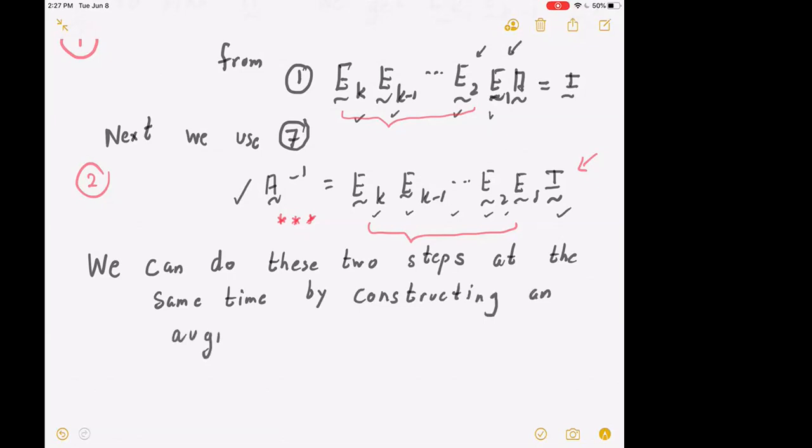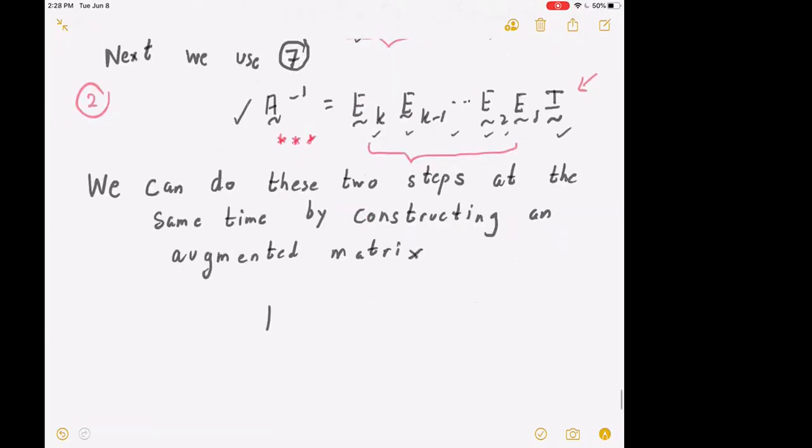We know about augmented matrices from the first 3 lectures. And the augmented matrix we're going to build will be the matrix A glued to the identity matrix of the appropriate order.